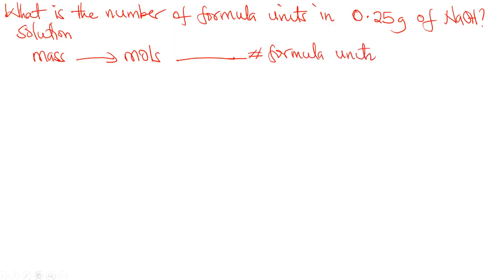So really, it's just a matter of dealing with conversion factors. Each point must have its conversion factor. So for this one, the first conversion factor is the molar mass. And the second conversion factor compares 1 mole to the number of formula units. So what do we do?